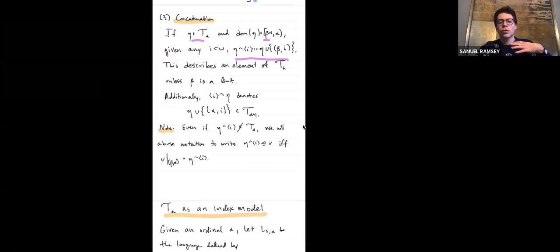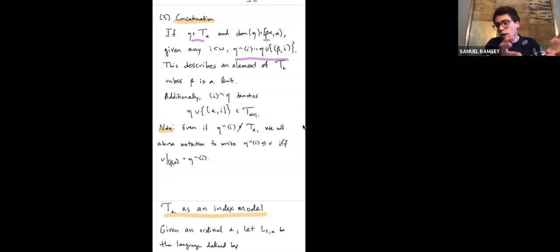Okay, so we're just going to cheat, and we're going to use this notation anyway. So notice, what was the tree partial order? The tree partial order was inclusion of functions. This thing that I've written down here, eta concatenated with I, is still a function. It just doesn't start at the right place. So I can still compare elements of my tree T alpha to that function.